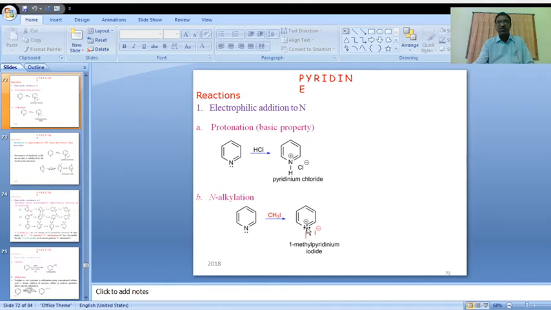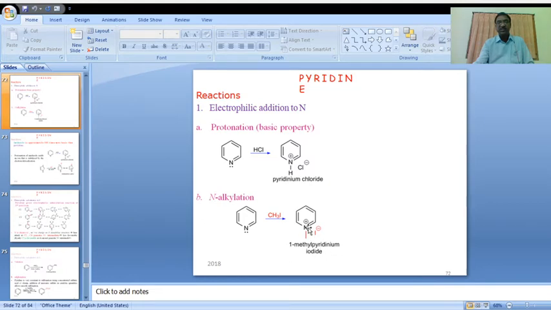Here also, around that positive charge, the I- nucleophile rotates. Here it is named 1-methyl pyridinium iodide.